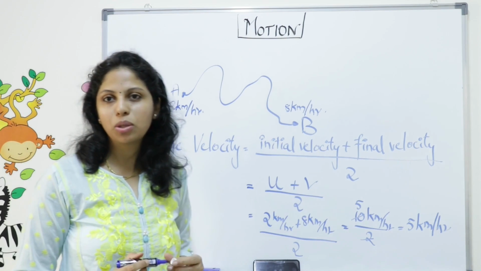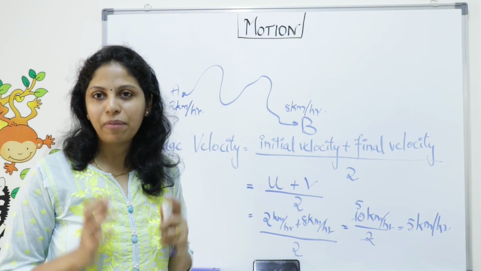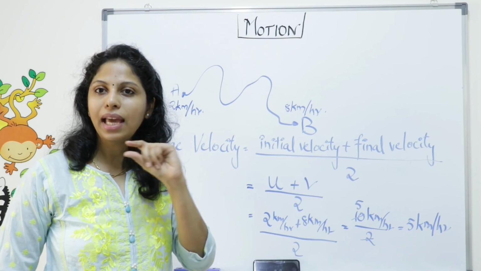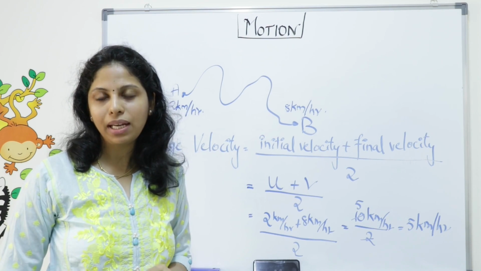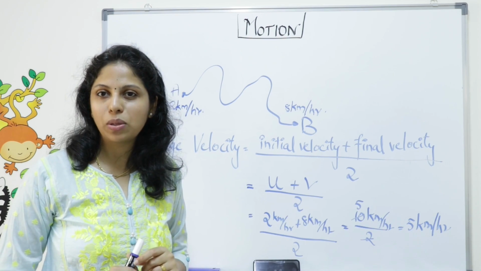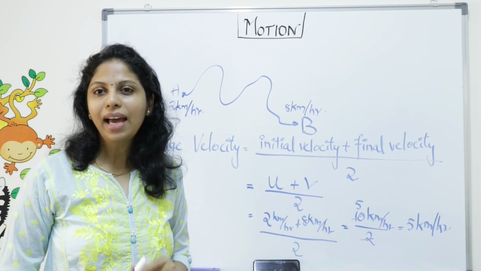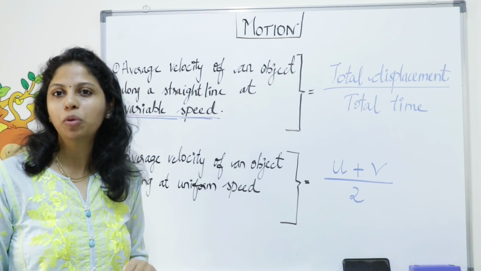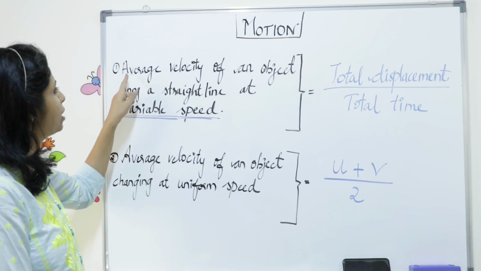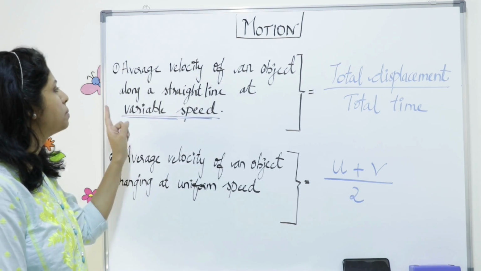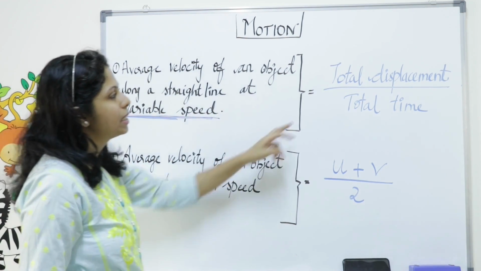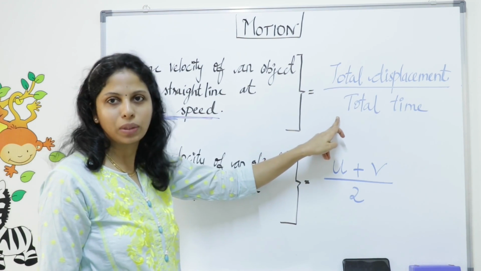So hope you understood how to calculate the average velocity of an object traveling in a straight line with variable speed, and the average velocity of an object traveling at uniform speed. So for calculating average speed, we have got two formulas, and the first formula is to find the average velocity of an object along a straight line at variable speed, that is total distance by total time.